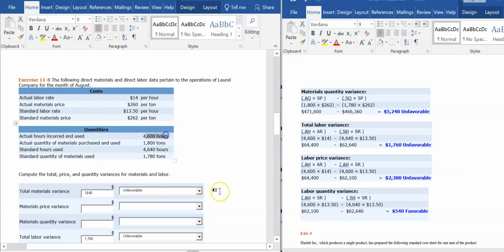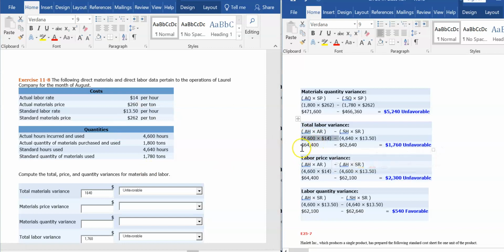Actual hours used of 4,600 at the actual labor rate of $14 per hour. Total labor variance: total actual labor cost is 64.4. We compare that to our total standards.